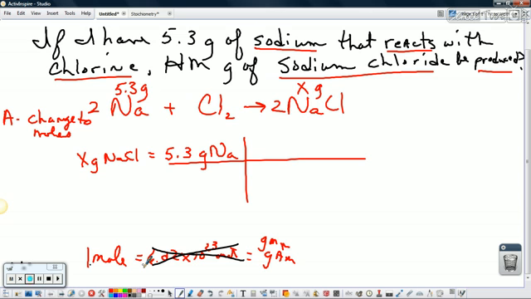All right, so I'm going to use this equality that 1 mole equals the GAM. What unit do I need on the bottom to get rid of? Got to get rid of something. Grams of Na on the bottom. Where am I going to get the number of grams of Na? Periodic table, and it's 22.99 grams of Na. And I need to change it to moles. So I need moles up here. And I'm always going to write a 1.